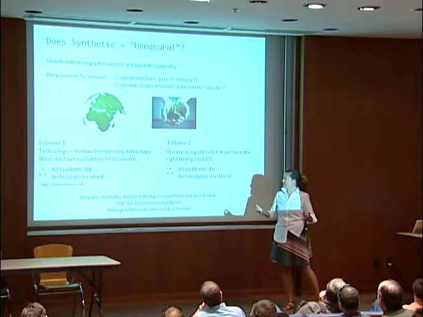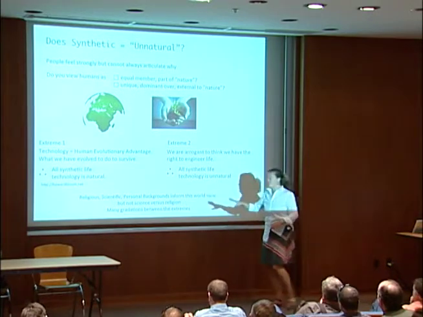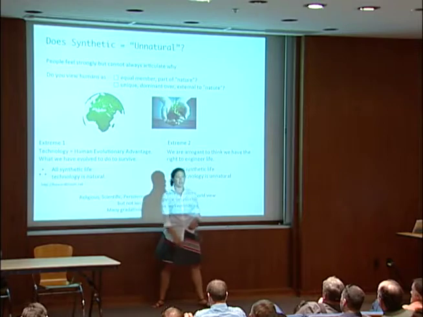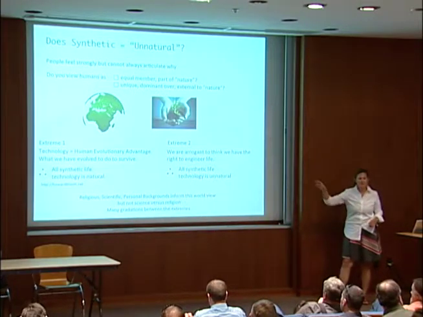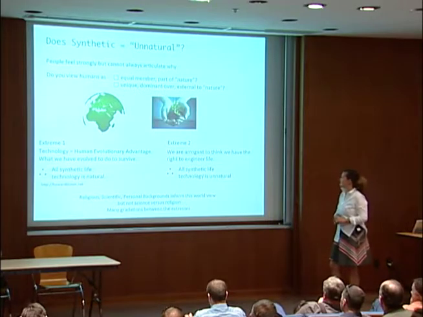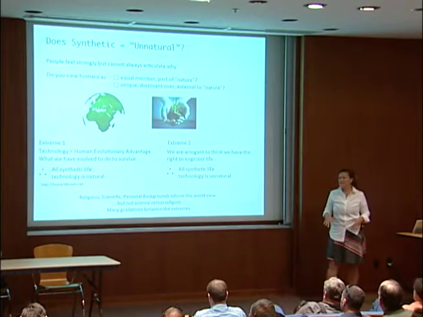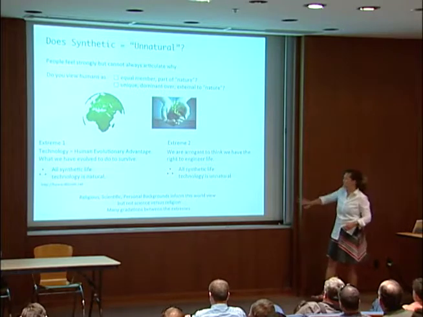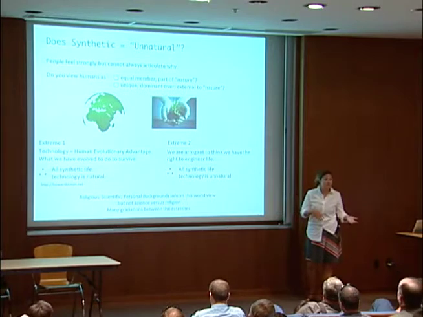It's our evolutionary advantage. We're just part of the ecosystem. And if you want to read more about this, Pugwash had Howard Bloom come talk a couple years ago. He's got some really interesting things to say about that. You can check out one of his books if you're interested in this. And in this argument, the technology is inherently neutral in and of itself. People can do bad things with it. People can do good things with it.